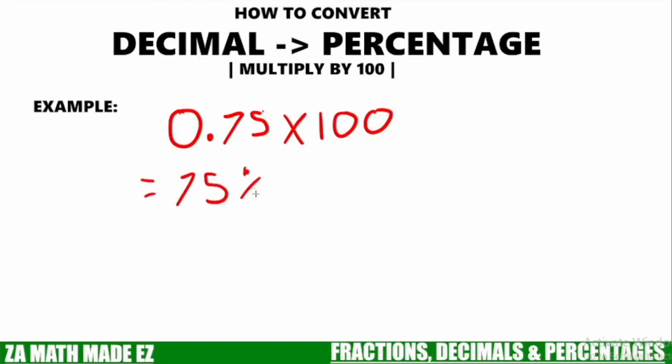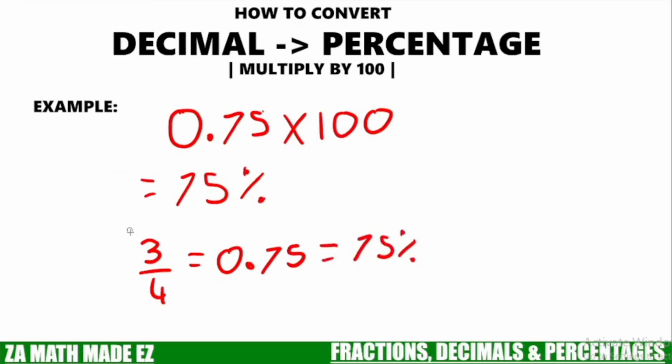And you can add the percent sign over here. Another example is 3 over 4. As you saw earlier, that's equal to 0.75. Then you can take that and it will give you 75%. This is just like the long version, from fraction into decimal into percentage.